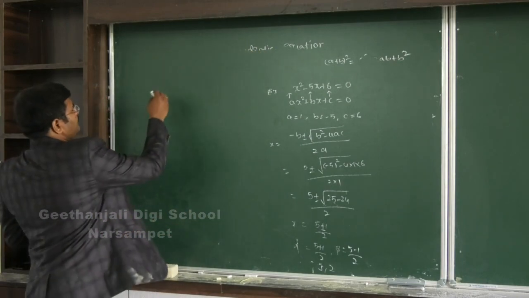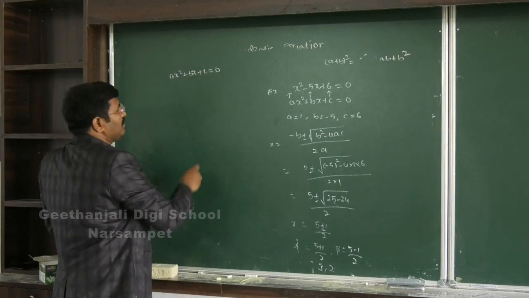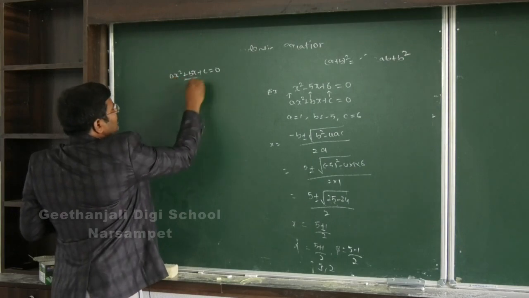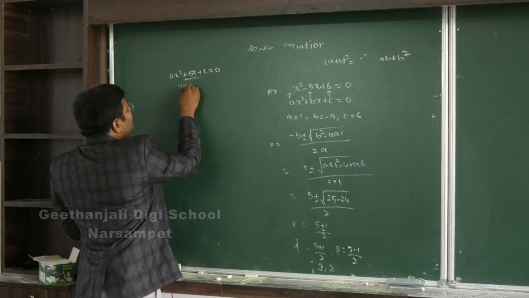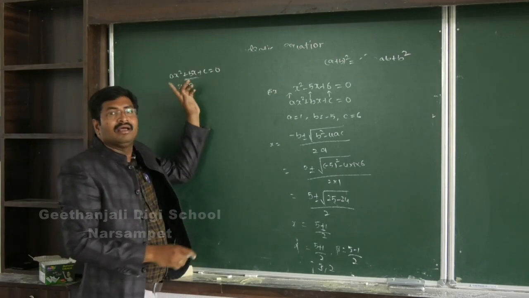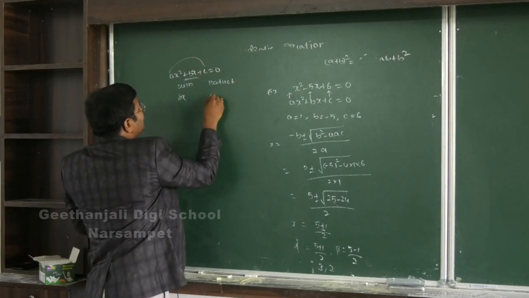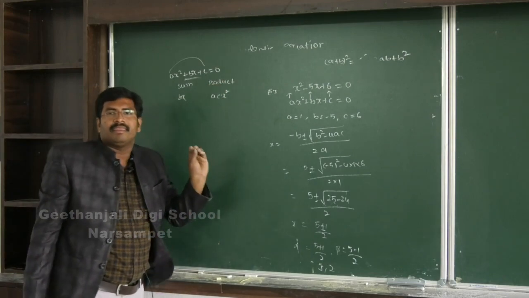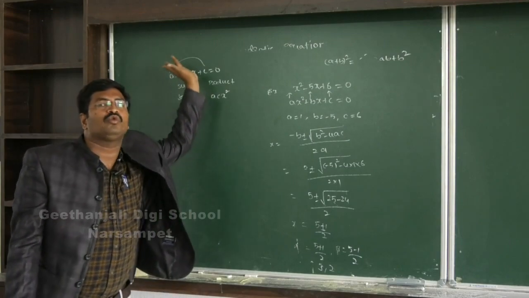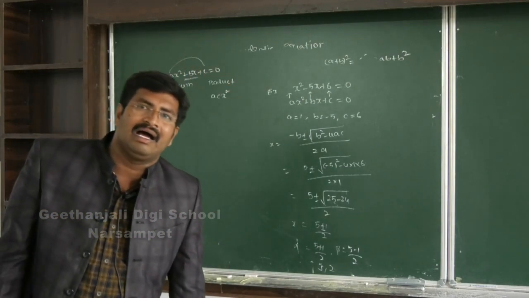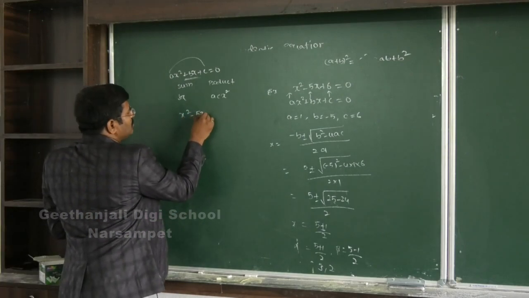For ax square plus bx plus c is equal to 0, you have to expand the middle term so that if you add any two terms you get bx, and when you multiply those same two terms you get ac x square.